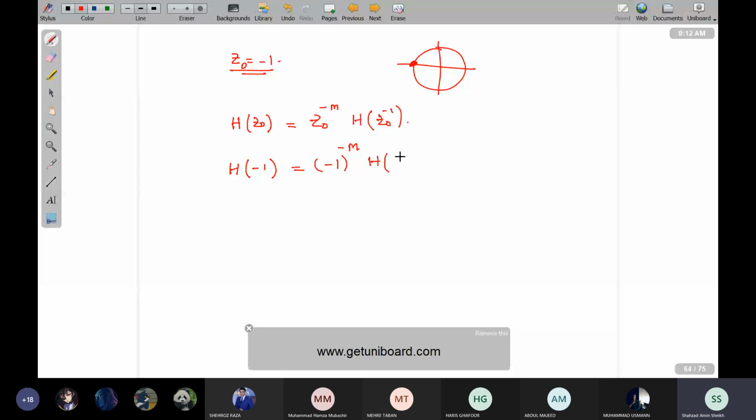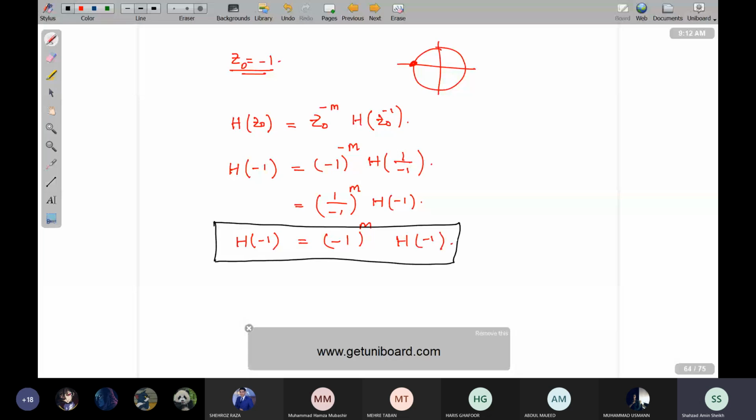Taking 1 over -1 and raising it to power m, that is h raised to power minus n, and that is equal to -1 raised to power m h of -1 and h of -1. Okay, so that's my equation.